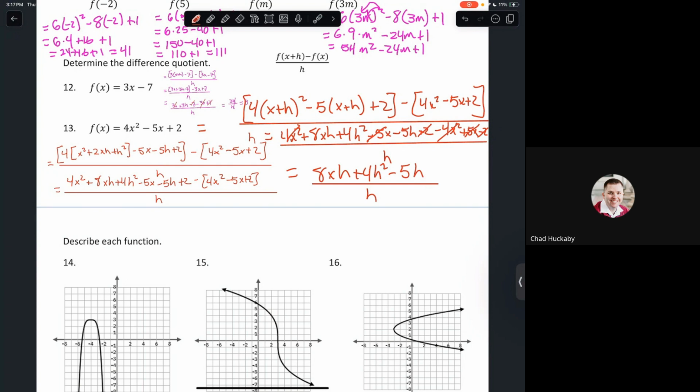Okay, so we can cancel h's out, one from each term. So we get 8x plus 4h minus 5, which would be your final answer. I know that's a lot of steps, a lot of distributing to get to that final answer. Questions about that one?